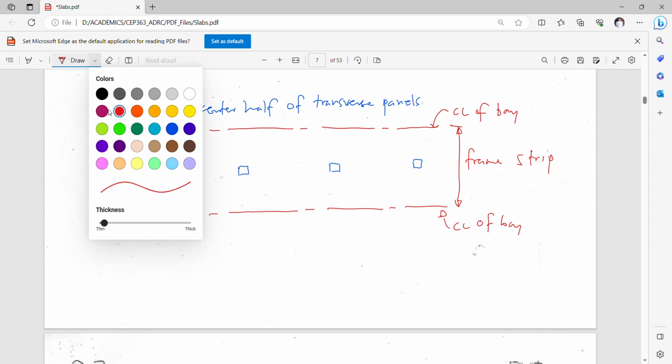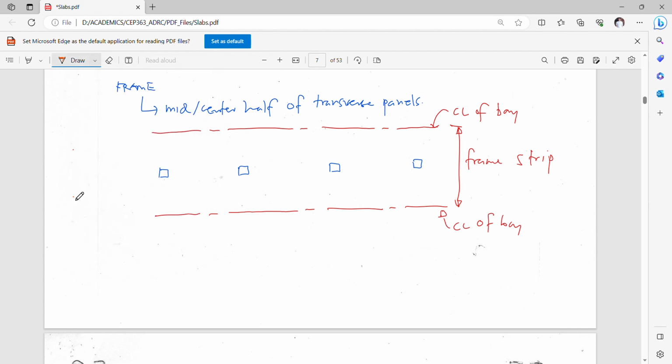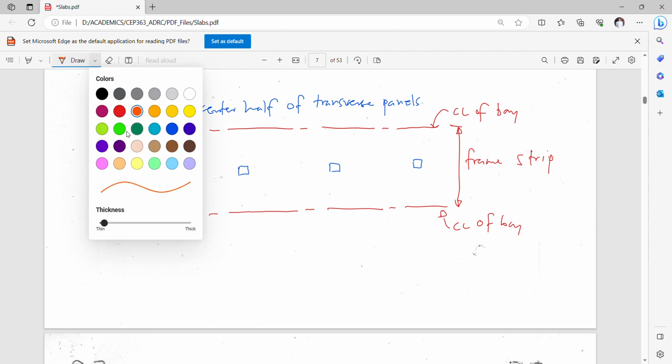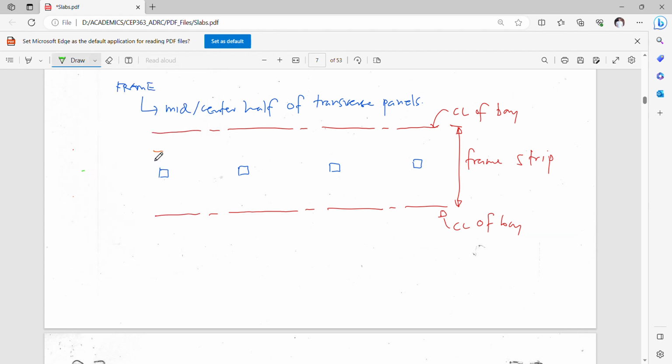While doing so, if you get 1/4 of this bay panel length, so if I make use of this line, which is L over 4, this is simply L2.